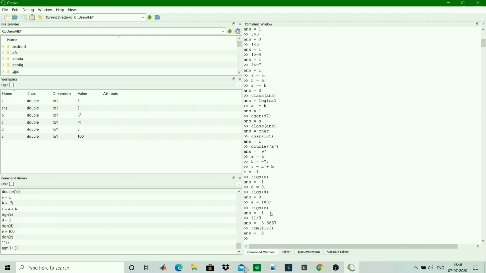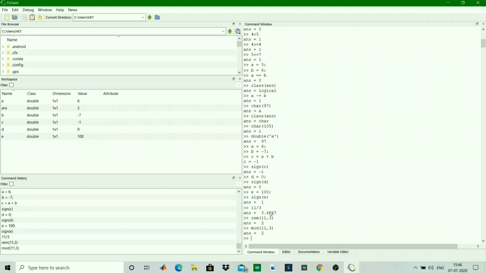But the remainder operation, or the rem inbuilt function, is not compatible when you use the dividend as a negative number. So there is a special different function, and the function is an inbuilt function. You can simply type in mod 11 by 3 and you get the same remainder as an output, and it's 2.